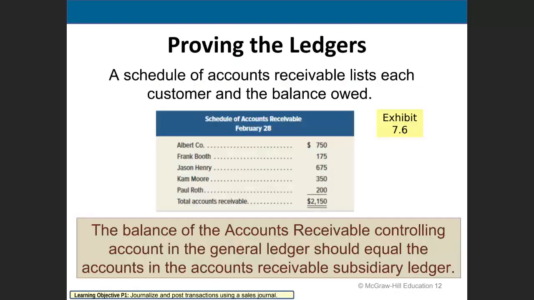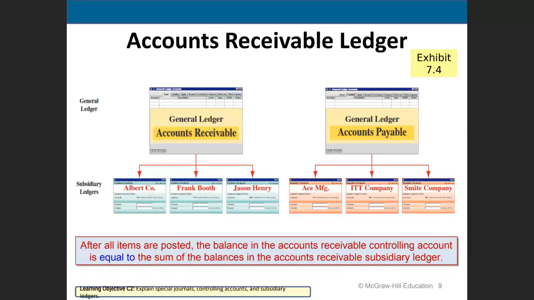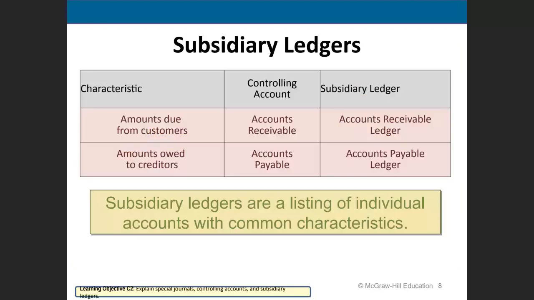Now let me go to one last point: the subsidiary ledger. So now, if we sell on credit, especially if you're talking about merchandising companies, it depends on the company's policy, but some companies usually sell on credit.